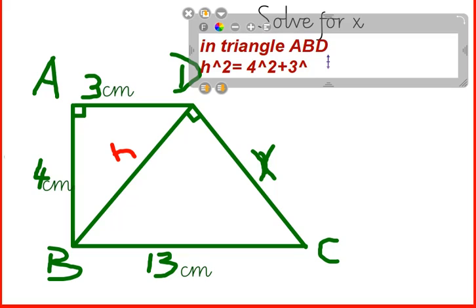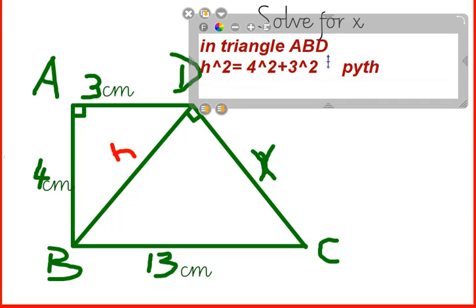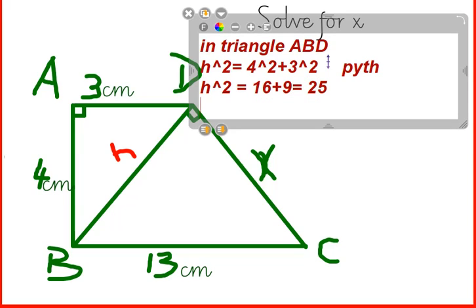And our reason, you always have to have a reason, is Pythagoras theorem. Our H squared remains H squared because it's an unknown. 4 squared is 16 plus 3 squared is 9, so that equals 25. If you take the square root, H is equal to the square root of 25, and we get our answer to be 5. So our H is 5.